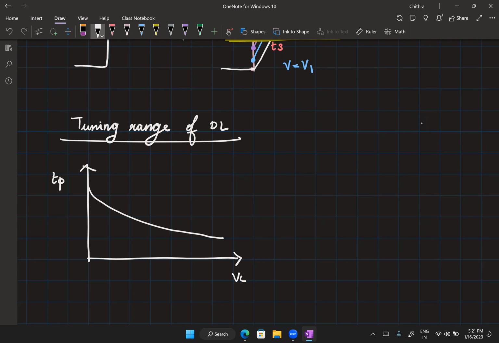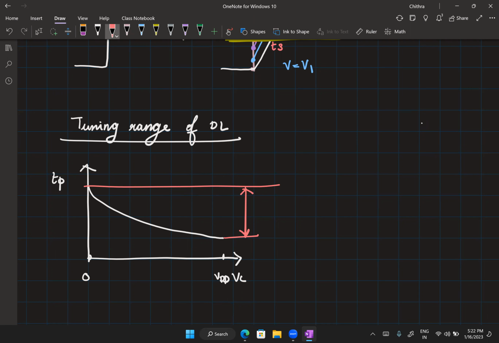Now, usually you can vary your VC, let's say from 0 to VDD, right? Then the corresponding tuning range is here. So this will give you some delay range across which this variable delay line is tunable.